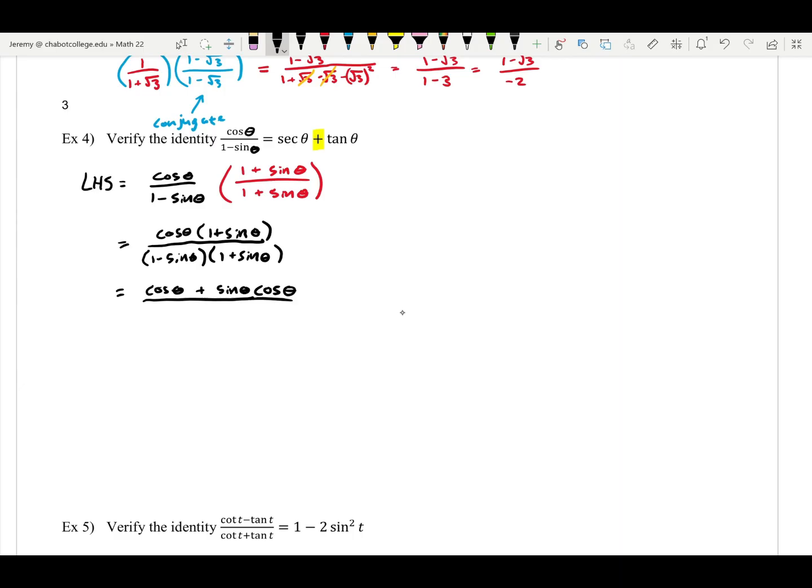And in the denominator, foiling it out, I'll get 1, that's first, outer will be plus sine theta, inner is minus sine theta, and last is minus sine squared theta. Okay, what happens is these two middle terms in the denominator cancel out, and I'll have this.